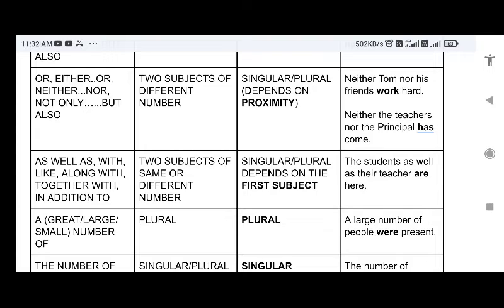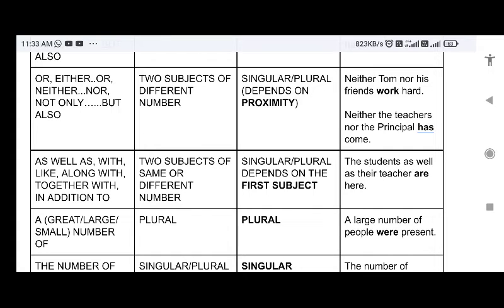The verb will not agree with teachers, which is nearer to it. Why? Because it is joined with a special phrase, that is as well as. And when as well as, with, like, along with, together with, in addition to are joining two subjects, whether they are of same or different number, the verb will always agree with the first subject, according to its number.